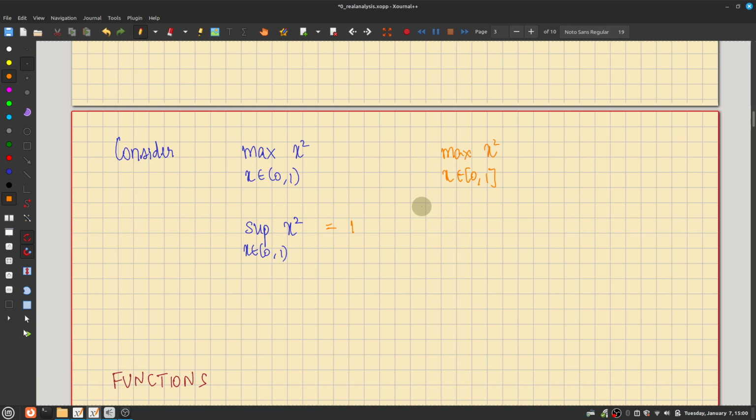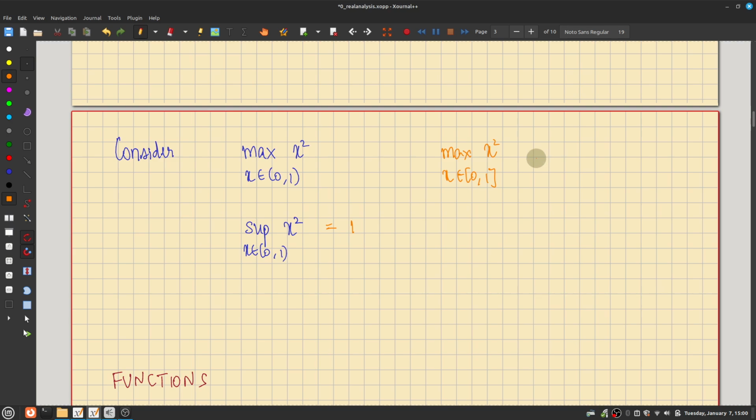Again, the supremum in this case is equal to the supremum in the previous case. However, in this case, I can actually achieve it. There exists a point, x equal to 1, that achieves the maximum. Right? It's precisely this class of problems that we'll design algorithms to solve.